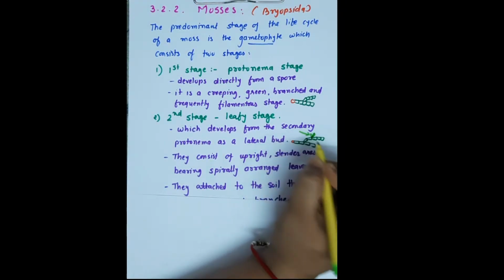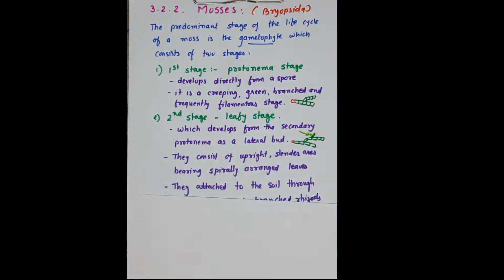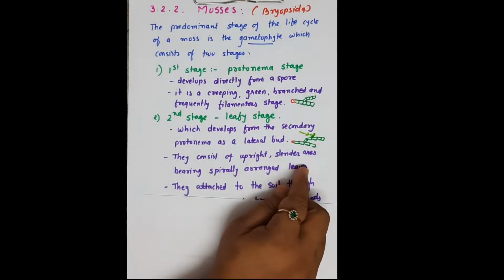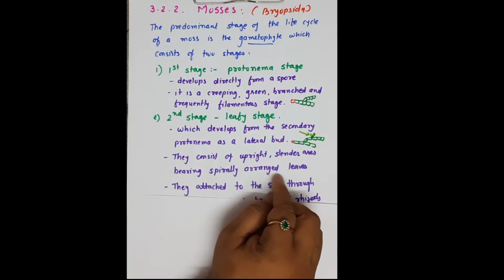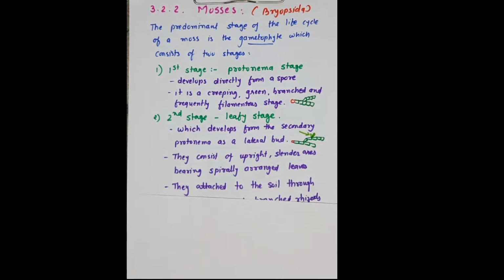So this is the leafy stage. That leafy stage consists of an upright, slender axis bearing spirally arranged leaves.